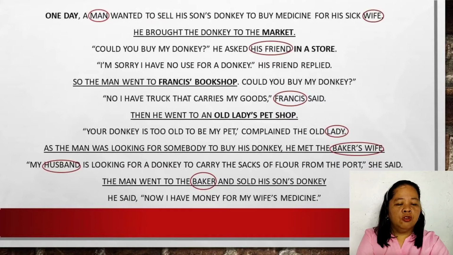"My husband is looking for a donkey to carry the sacks of flour from the port," she said. The man went to the baker and sold his son's donkey. He said, "Now I have money for my wife's medicine."